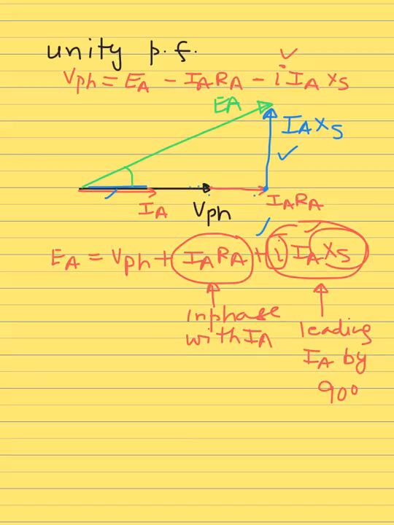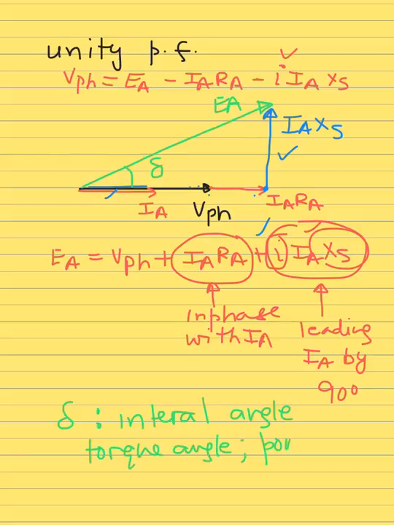And this angle, the angle between V phase and E_A, is defined as delta, and it's named the internal angle, torque angle, or power angle. Few different names are given to it. So that's the case of a unity power factor.